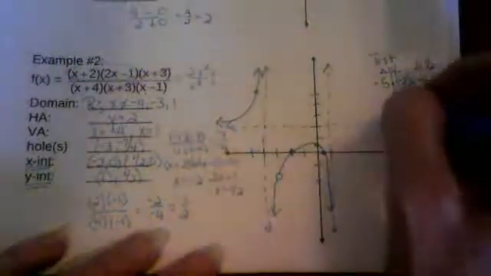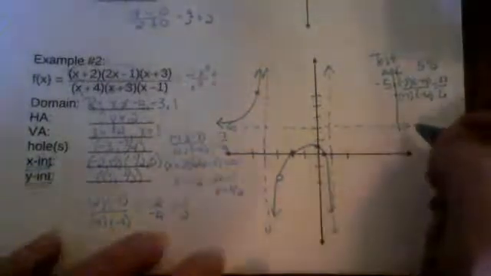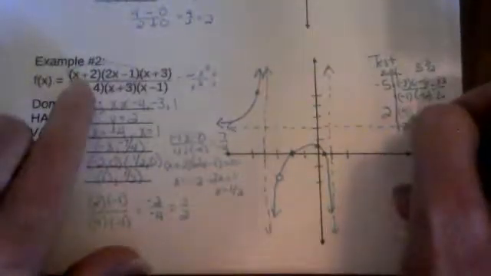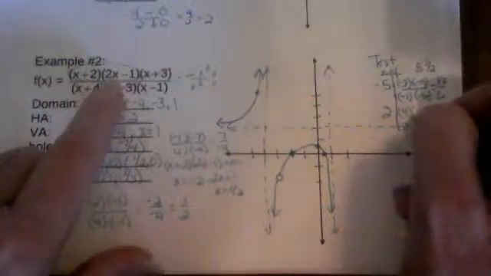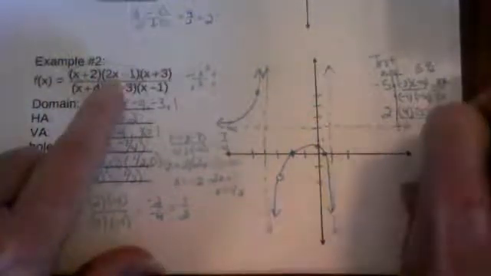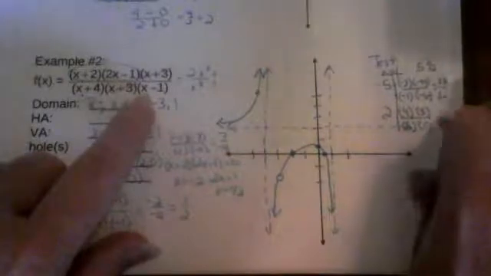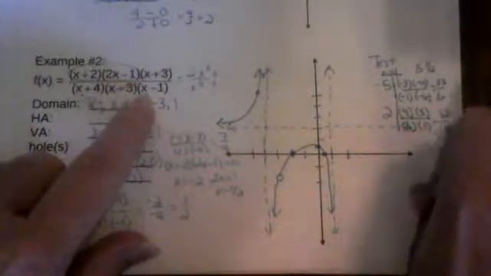Now I also want to test something over here. I'll just do 2. When I put in 2, 2 plus 2 is 4. 2 times 2 is 4, minus 1 is 3. 2 plus 4 is 6. 2 minus 1 is 1. So I have 12/6.